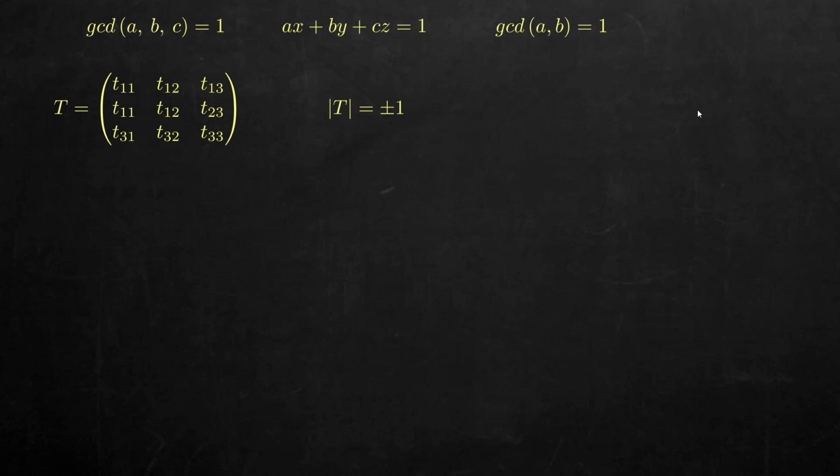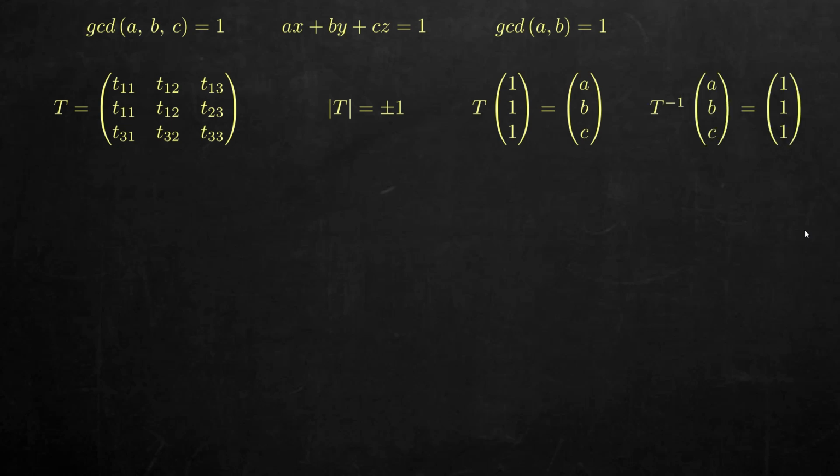This matrix will map the vector 1, 1, 1 to the vector A, B, C, and the inverted matrix will map the vector A, B, C back to the vector 1, 1, 1. And the rows of this inverted matrix will be the solutions x, y, and z to this Diophantine equation.